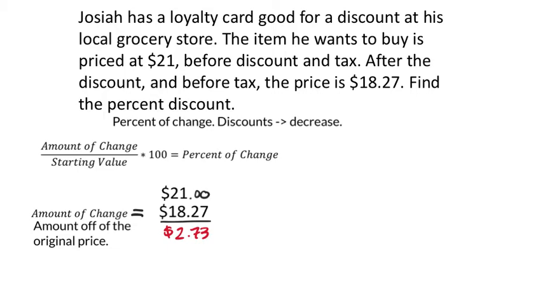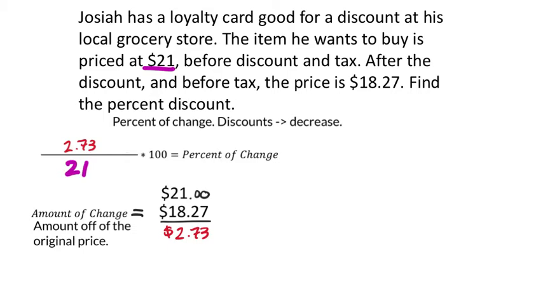So I can go to my formula now, and I can replace my amount of change with the value that we found, $2.73. But do we also now have the starting value? Of course we do. We know that it originally started at $21. So I'll put a 21 there. I'll plug this into my calculator, including the multiply by 100.